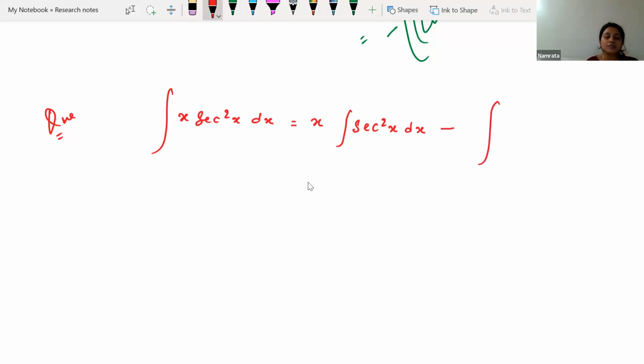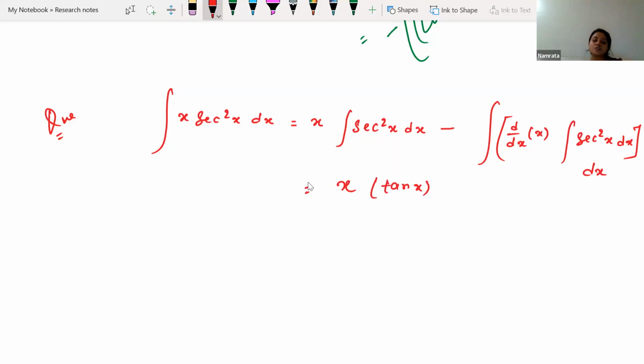Minus the integration of the derivative of the first function, d/dx of x, times the integration of sec square x dx. Now the integration of sec square x is tan x plus c.